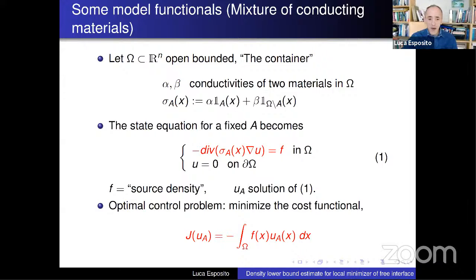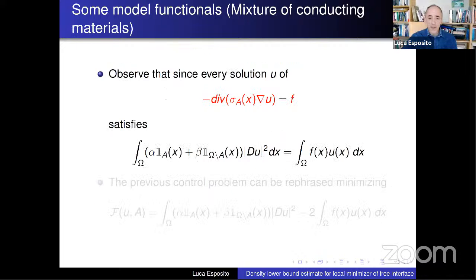Indeed, under these assumptions, if u is a solution of the state equation and you multiply this equation by u, then on the left-hand side, integrating by parts, the energy of the gradient squared multiplied by sigma is exactly equal to the opposite of the cost functional.